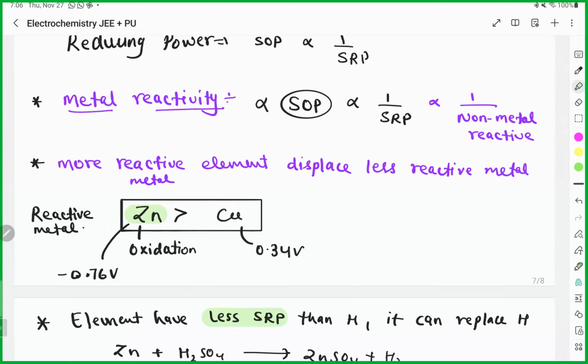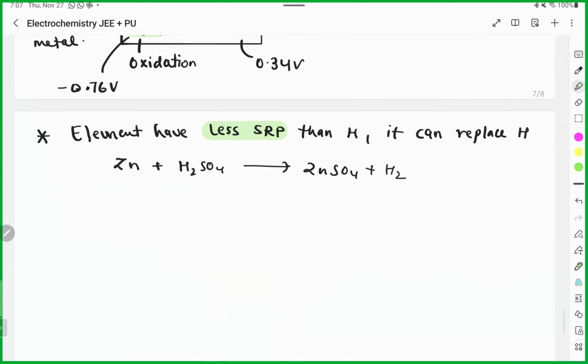This is given in the redox chapter also, and here also. And trust me, when they give multiple elements, you will be confused. In that case, you need two things. One, the reactivity series. And second, how to correlate them with SOP and SRP. You will be confused in both. To make it easy, always take one form.